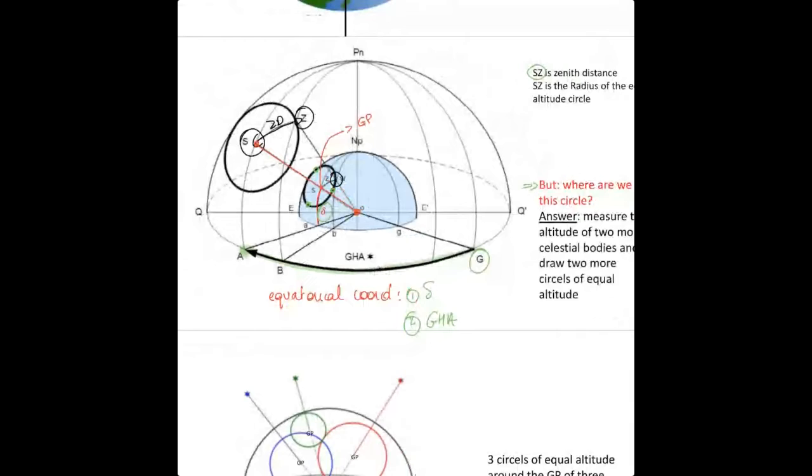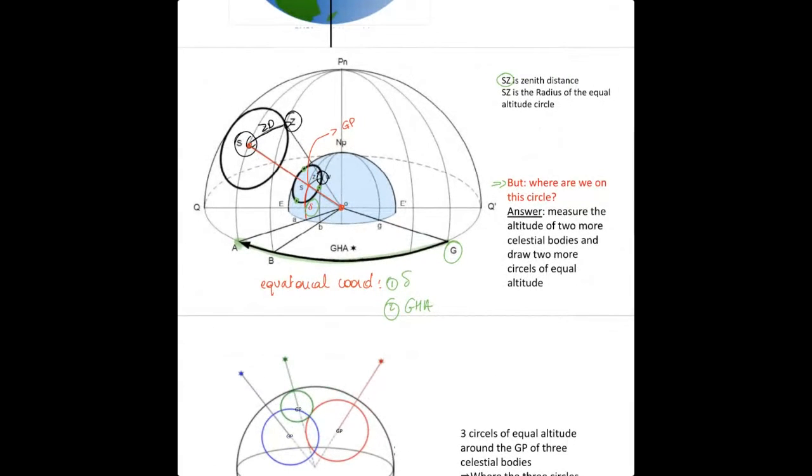Well, what comes into play then is that we have to know what our azimuth is. If we know the azimuth, we know where this line intersects with the equal altitude circle, and that is where we can draw our line of position. Our line of position is tangential to the circle of equal altitude. Voila.